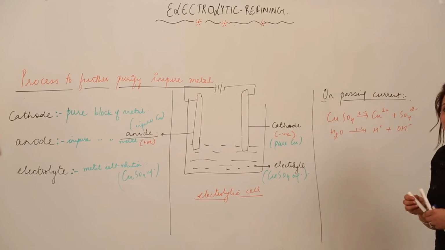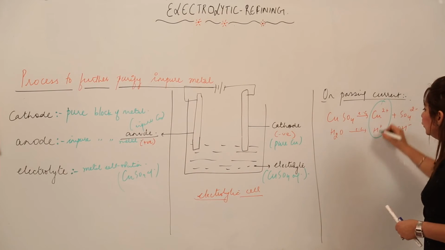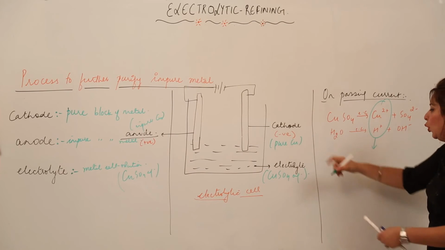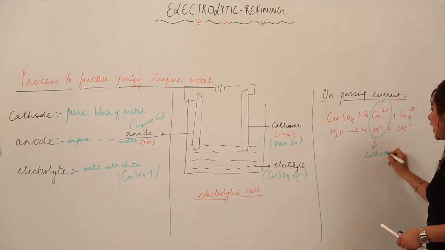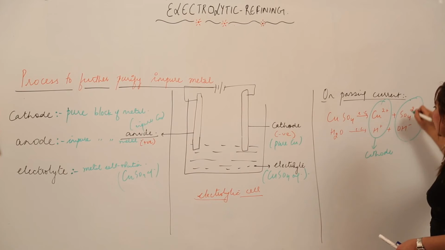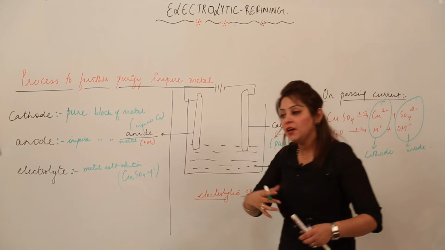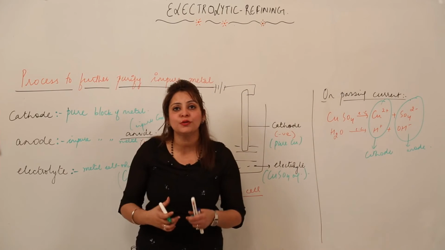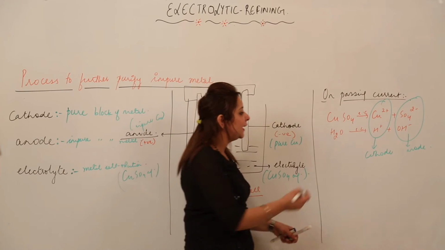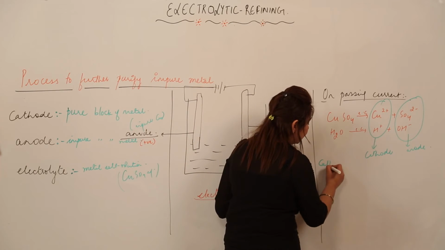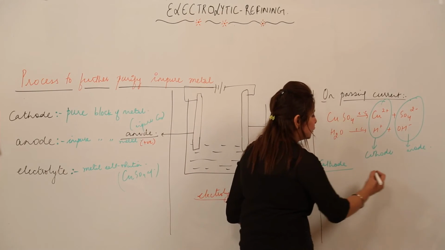Now as you know, the positively charged ions move to the negatively charged pole, that is the cathode, and the negatively charged ones move to the positively charged pole, that is the anode. And there they perform their general basic reactions of oxidation and reduction. So what kind of reaction do we get to see at cathode, and what kind of reaction at anode?